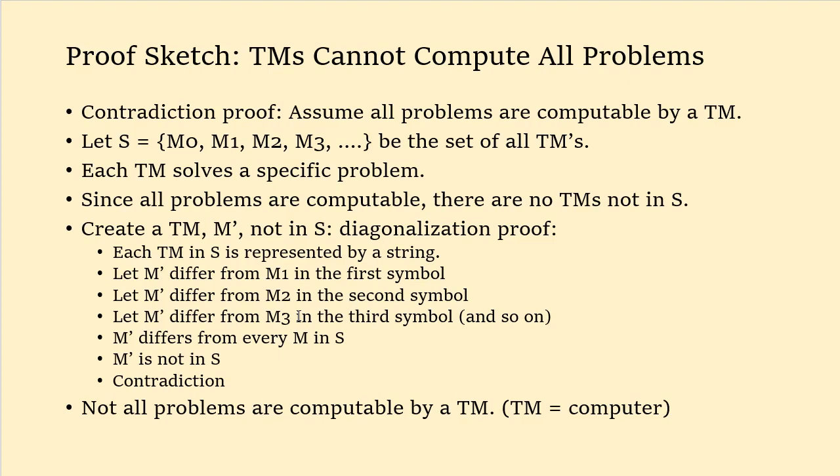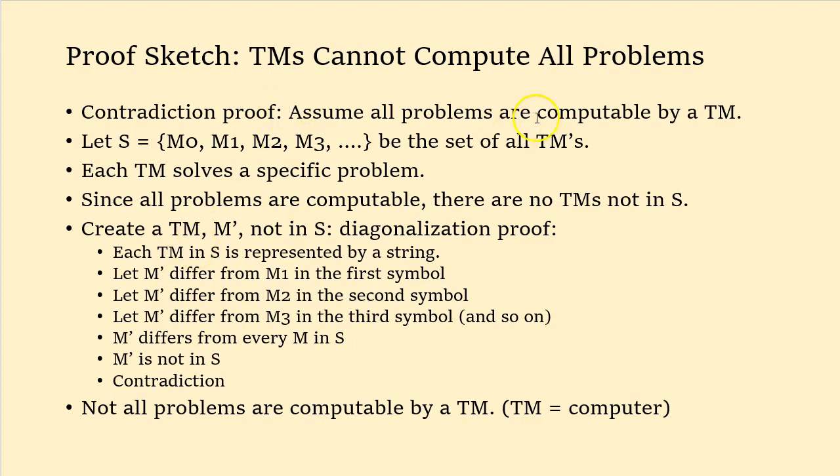The first string you change in the first symbol, the second in the second symbol, the third in the third, the nth in the nth. And what you can determine is that M prime must be different from every machine that's in the set. It has to be because we made it different from every one of those machines. Therefore, M prime is not in S. Okay, so what does that mean?